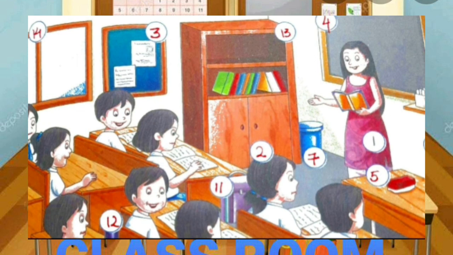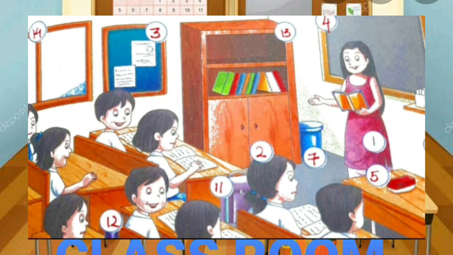Sixth one is chalk. Chalk is there below the blackboard. So below the blackboard there is a round. In that you have to write 6, which matches with the word chalk which is given on page 143 below the picture of a classroom.